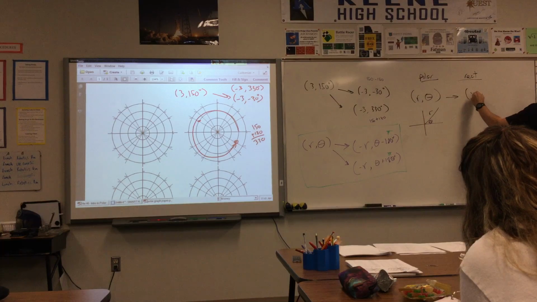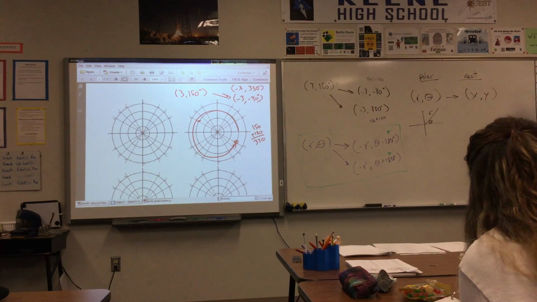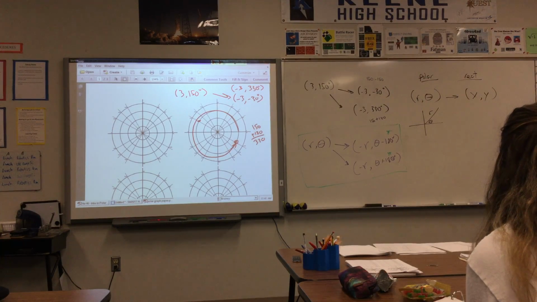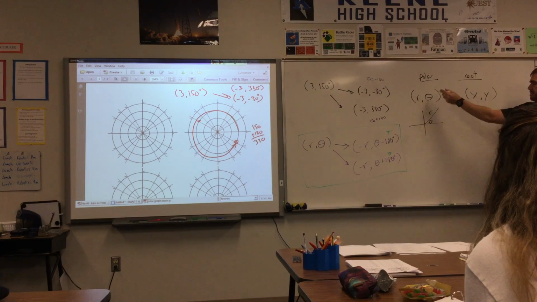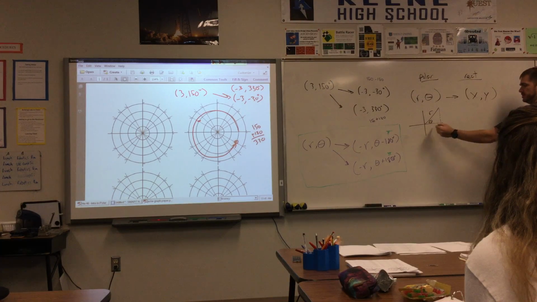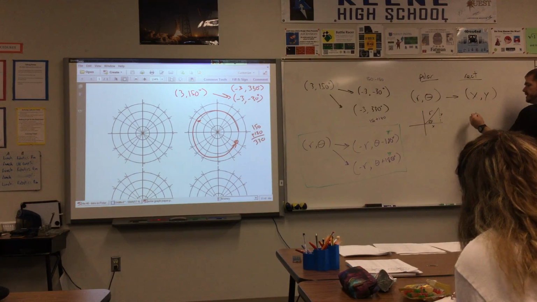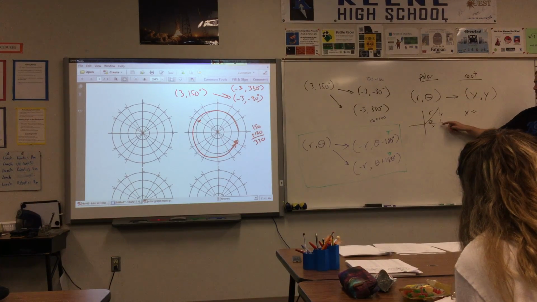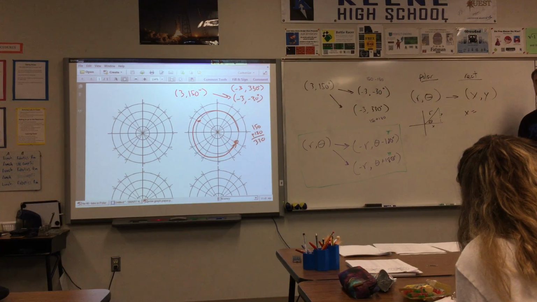How could I convert that into an x and a y? Think x component, y component. Anybody want to make a guess for how we could calculate the x value given a magnitude and a direction?